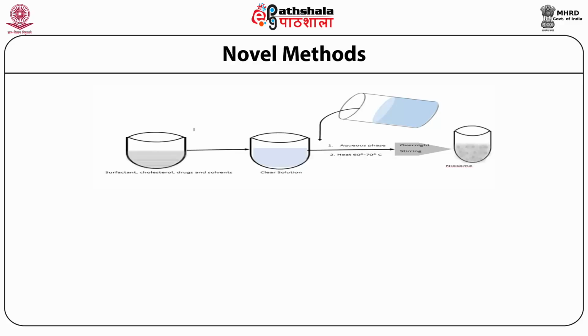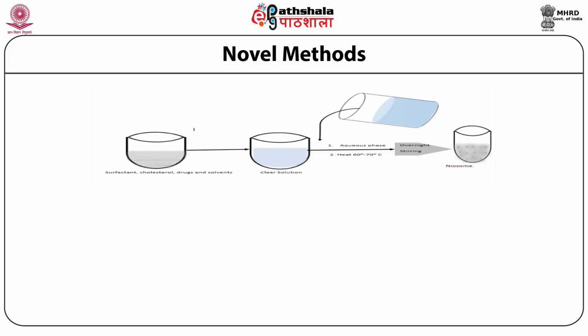The drug, surfactant and cholesterol mixture in an organic solvent such as chloroform or methanol is added to a vessel containing maltodextrin or sorbitol as a carrier. The mixture is then heated at 60 to 70 degrees centigrade to form a slurry.